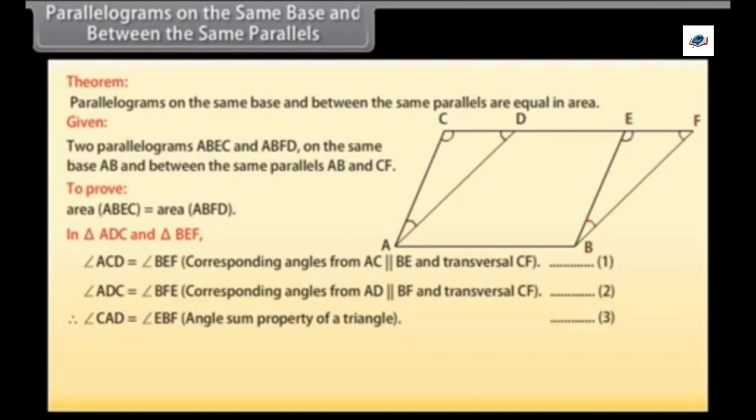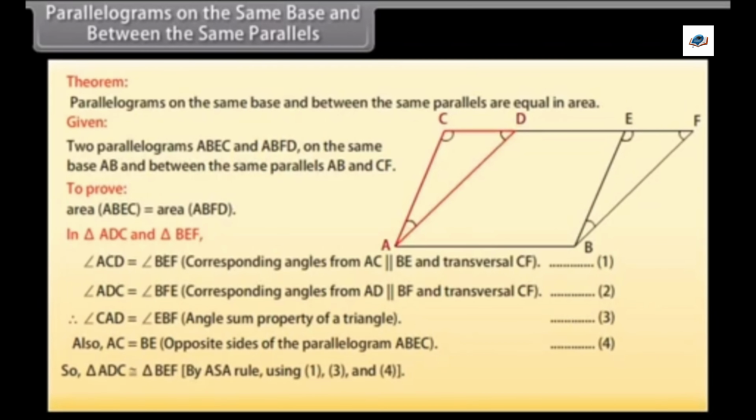Mark it as 3. Also, AC is equal to BE, opposite sides of the parallelogram ABEC. Mark it as 4. So, triangle ADC is congruent to triangle BEF by ASA rule using 1, 3 and 4. Therefore, area of ADC is equal to area of BEF because congruent figures have equal areas. Mark it as 5.